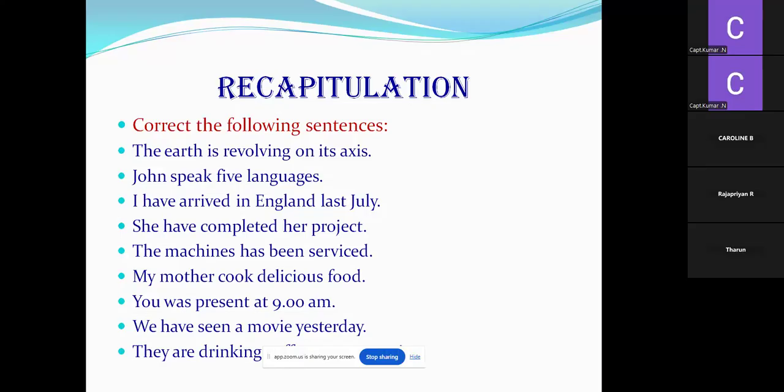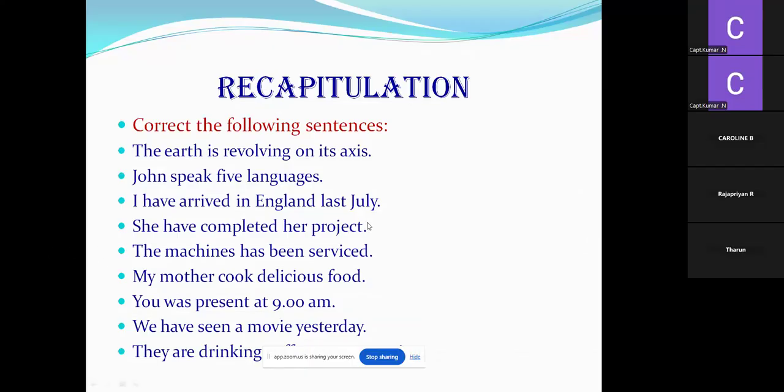Do you remember? Yes, again, it is simple present tense. Simple present tense is used to express daily routine, habits, or regular activities. So here it is his ability or habit. He can speak 5 languages. But what is the verb given here? Speak. John is third person singular. So third person singular takes the s form verb. So the sentence should be John speaks 5 languages.